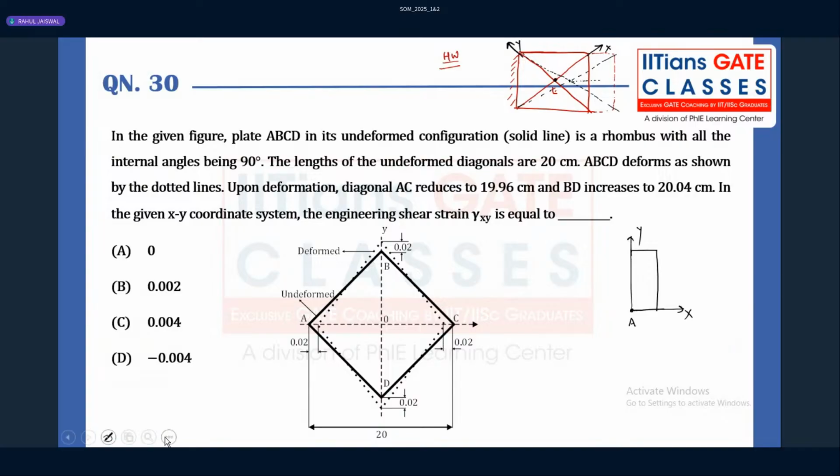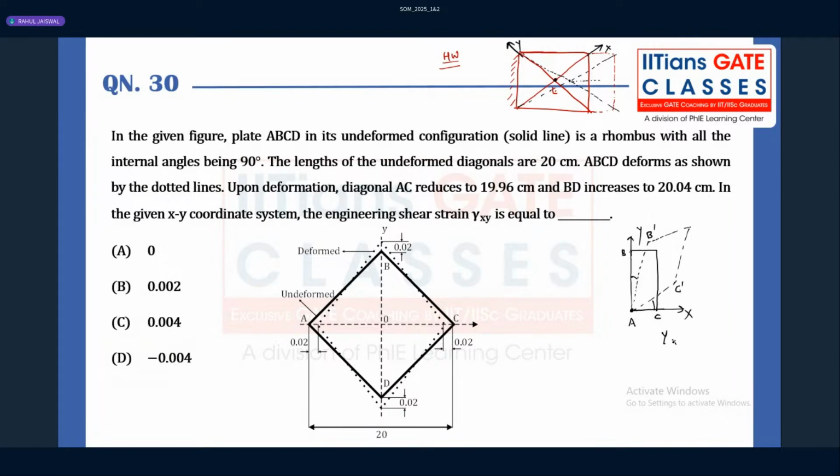At a particular point A, if they are asking shear strain, let's say it is getting deformed something like this. This plate is getting distorted something like this, where you can see the distortion of the edges: AB, which is along the y direction, and edge AC along the x direction. Both are getting distorted, AC dash and AB dash.